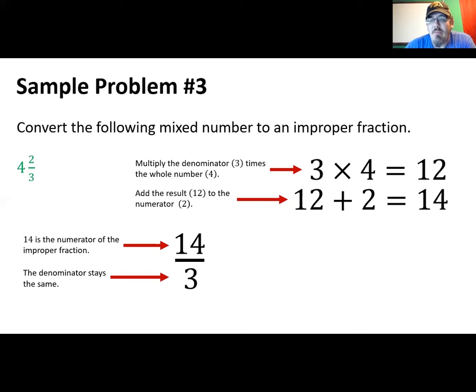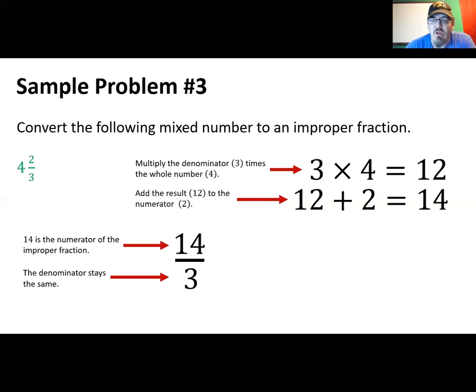What makes it improper is the fact that the numerator is larger than the denominator. In a typical fraction, that's usually not the case. Its numerator is usually smaller than the denominator, but improper simply means the numerator is bigger. And again, what both of these numbers, the original 4 2/3 and then the 14/3, represent is a situation where you have a whole number portion and then a fraction of an additional portion.